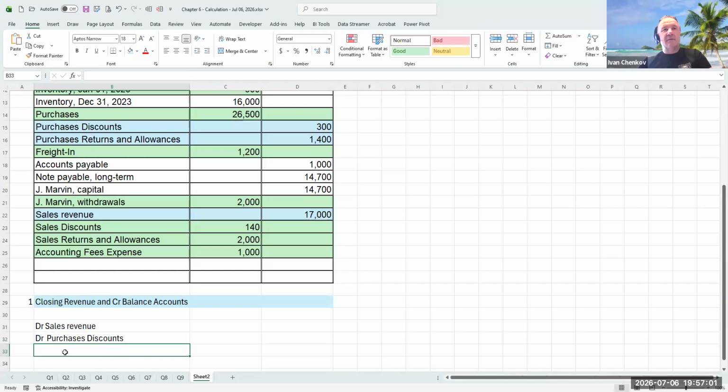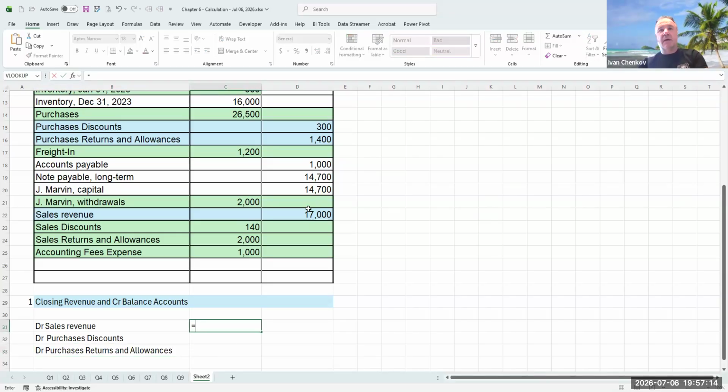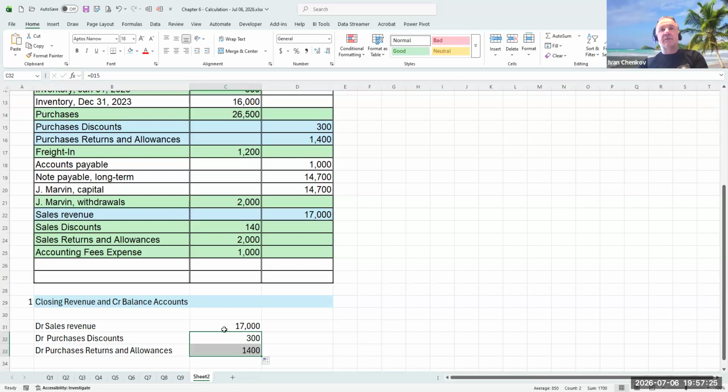And then I'm going to debit the purchase returns and allowances account. My sales revenue account has $17,000 to be closed, my purchase discount has $300, and purchase returns and allowances has $1,400.